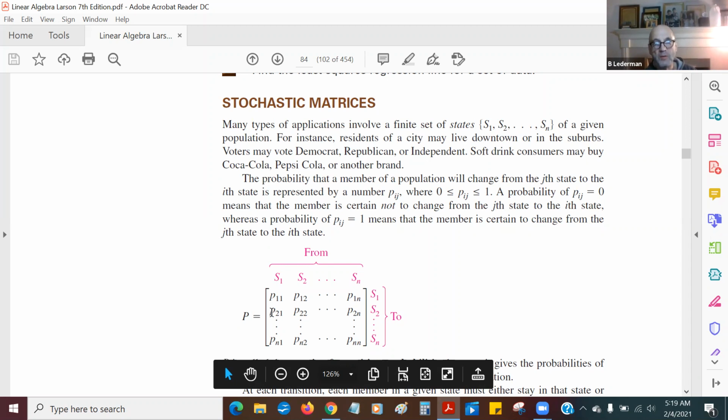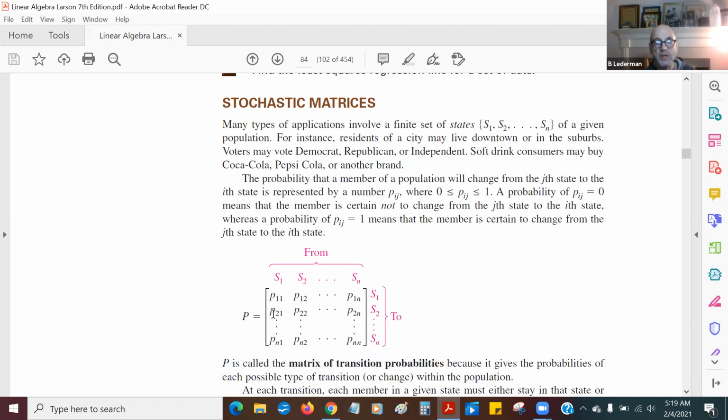The probability that I'm going to switch to become an S2 kind of guy is the number that goes in this entry right here, P21. So i is 2, j is 1. That's the probability that I'm going to go from this column's state to this one.